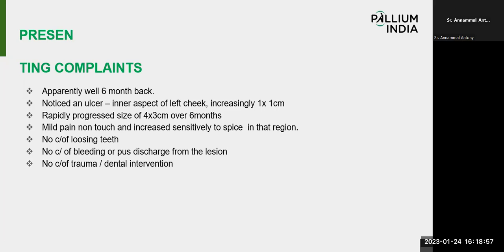Mild pain, non-tender, and increased sensitivity to spicy food in that region. No complaints of losing teeth, no bleeding or pus discharge from the lesion, and no history of trauma or dental intervention.